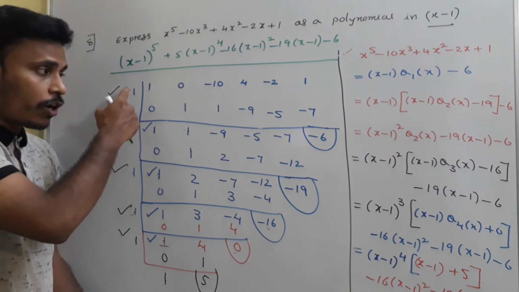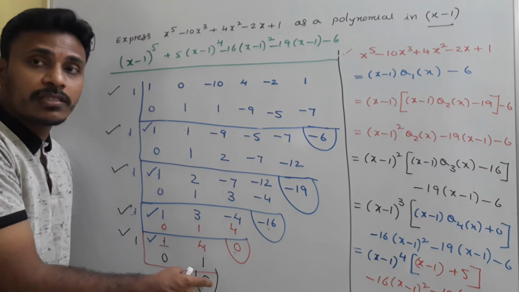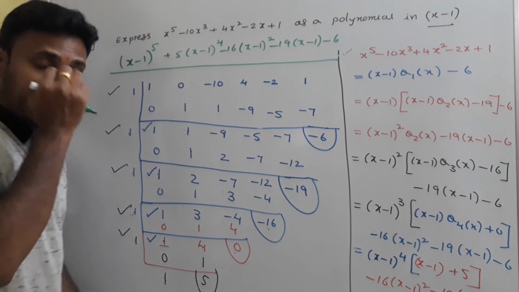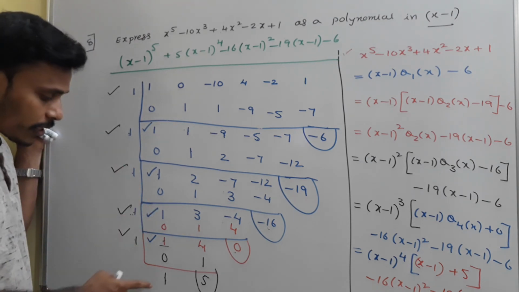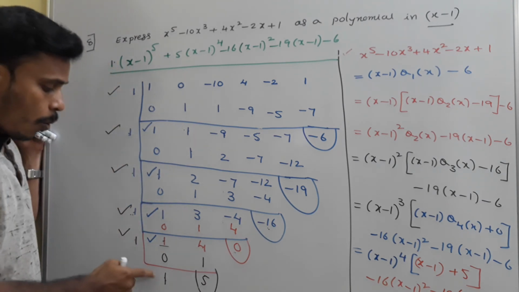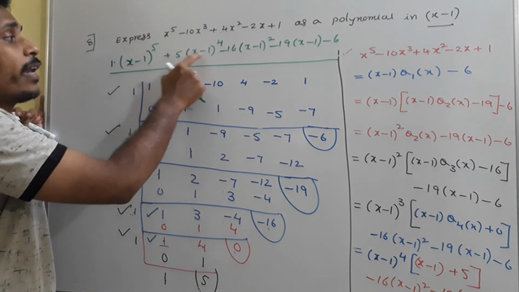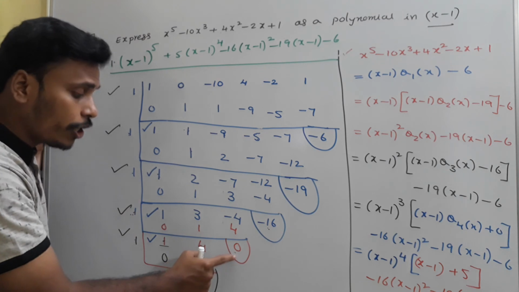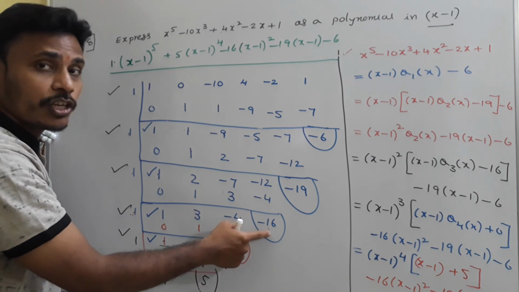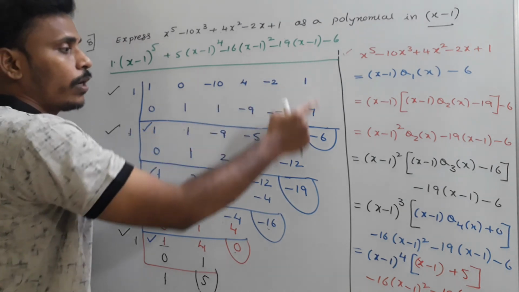For that, first of all do synthetic division up to like this, and after having this synthetic division you just write all these steps, but actually no need to write all these steps, directly you can write. How can you write this? 1 into (x minus 1) to the power 5 plus 5 into (x minus 1) to the power 4, 0 into (x minus 1) whole cube because it is not there, because it is 0, minus 16 into (x minus 1) whole square minus 19 into (x minus 1) minus 6.